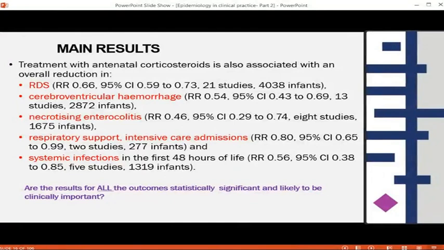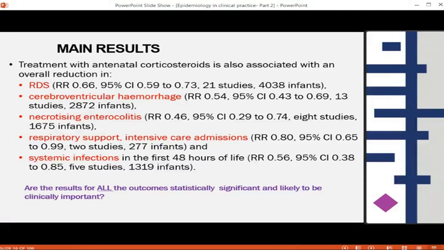The next one is systemic infections in the first 48 hours of life. And your least estimate here is 0.85, which is a 15% reduction in systemic infections. Now, if it was, say, 0.75 or 0.74, 25% or more, then you can be reasonably sure that's a good minimum difference.